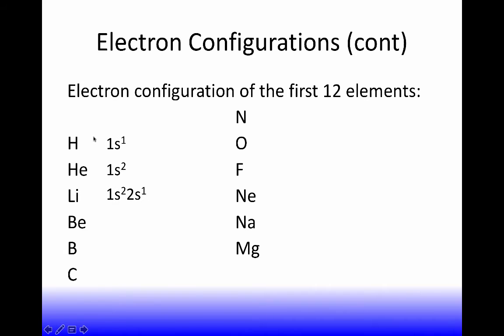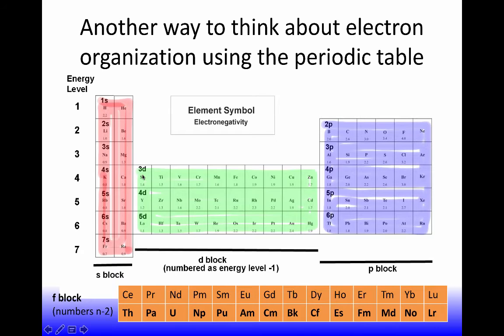Now, lithium. Okay, lithium has 3 total electrons. So where do the electrons go? Well, the first 2 electrons will go into a 1s orbital. And then the third electron will go into a 2s. And so that third electron, you can see it has a superscript 1. Now let's go back and look at what I'm talking about.